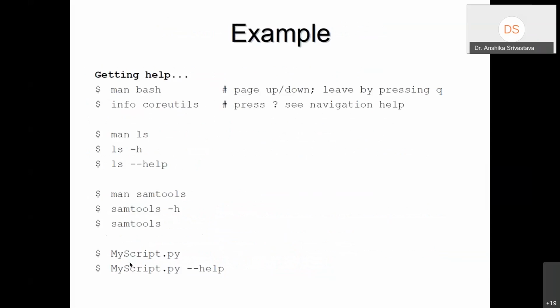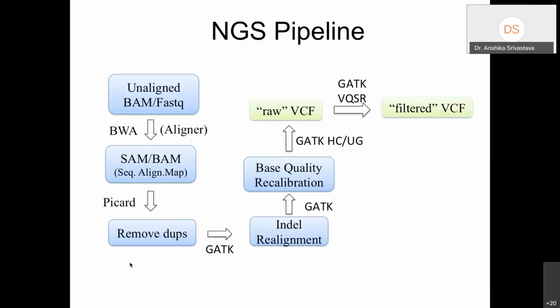For example, if I'm using SAMtools for my whole exome sequencing, and I'm stuck while creating the SAM file from the BAM file from the reference genome, I will just type samtools -h. SAMtools will pop out all the scripts or bash scripts I could use in fiddling around with my data sets. So there's always a help command, and it is a command line that you can mostly use for major computational biology software. So let's talk about the NGS pipeline.